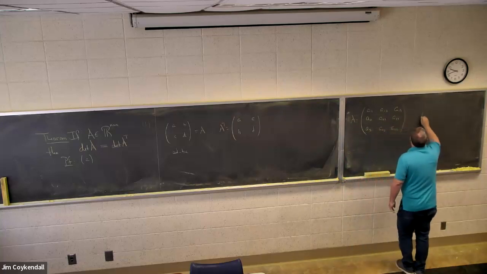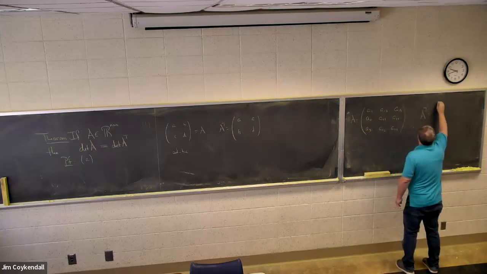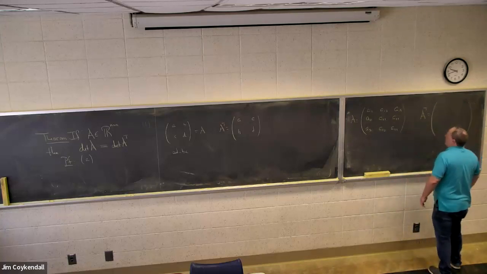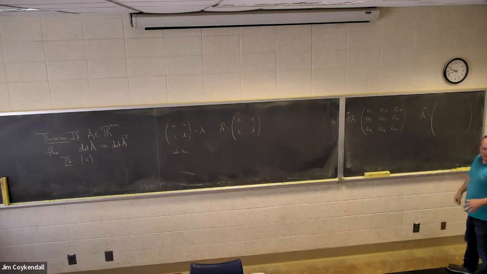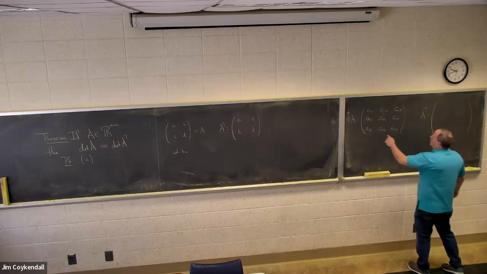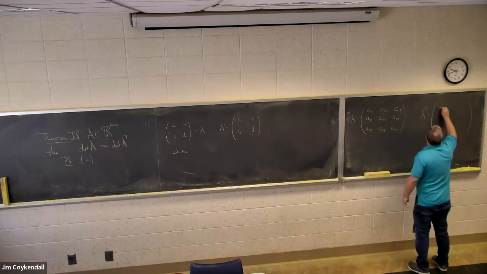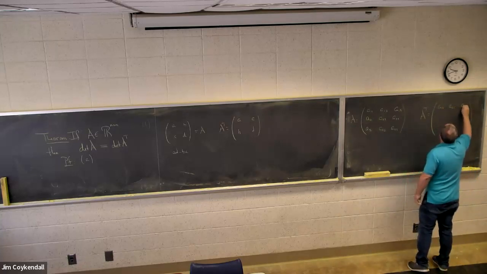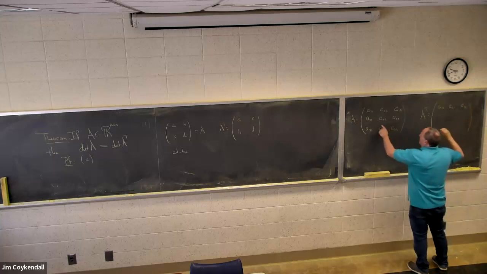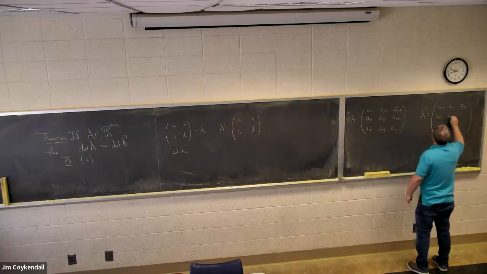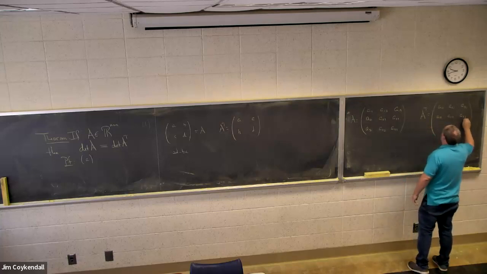There's A and A transpose. I don't have to look at that. You turn the columns into the rows in order. So this is A11, A21, A31. The second column is A12, A22, A32.